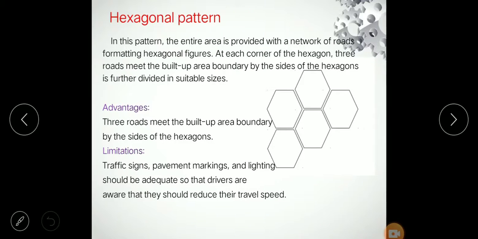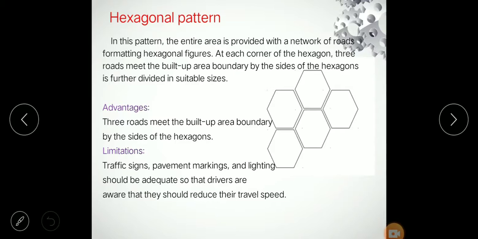The fifth type is the hexagonal pattern. The figure is shown here. In this pattern, the entire area is provided with a network of roads forming hexagonal figures. At each corner of the hexagon, three roads meet, the built-up area is bounded by the sides of the hexagon, and is further divided into suitable sizes. At each corner we can see that three roads are merging.